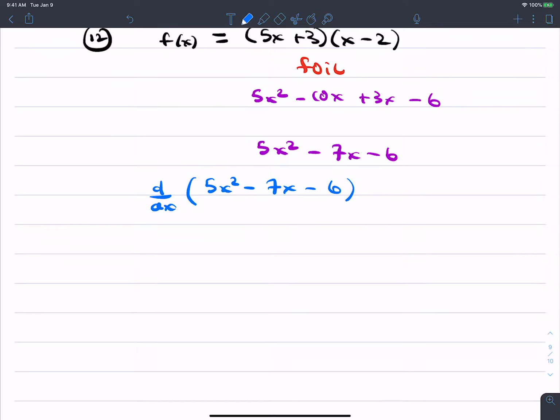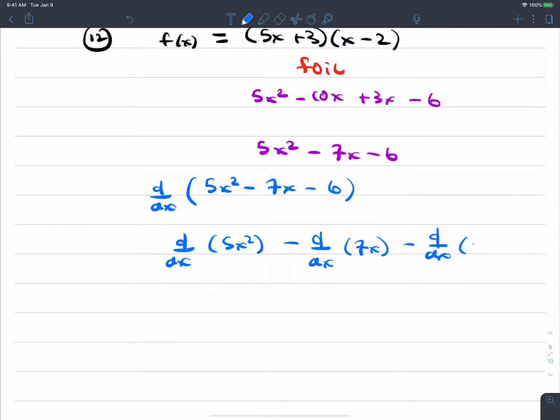Properties. Derivative of sum and difference is sum and difference of derivatives. Essentially separate them. Pull out your constant. 5, 7.